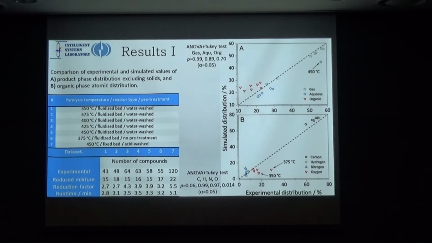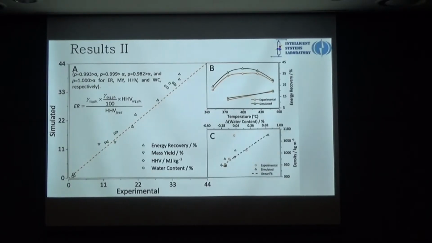As you can see, we have compared the yields of gaseous, aqueous, and organic phase, and also the chemical composition of the Bio-crude, experimental and simulated, and you can see that the results are indeed statistically significant. The other factors we have compared are as follows: energy recovery, calculated like so, mass yield, the heating value, and the water content of the dewatered Bio-crude.